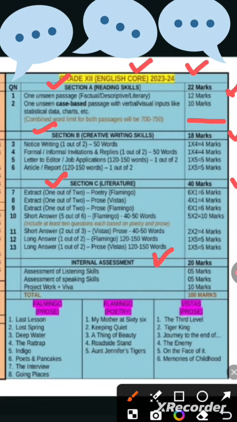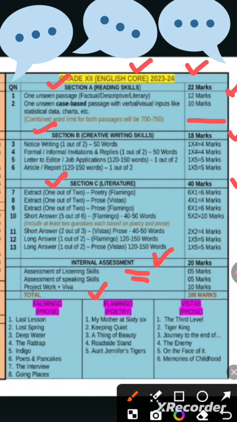So we have assessment of speaking and listening skills, or you can say assessment of listening and speaking skills, whatever you are comfortable with. Under it we have project plus viva. Listening skills comprise 5 marks, and speaking skills comprise 5 marks.